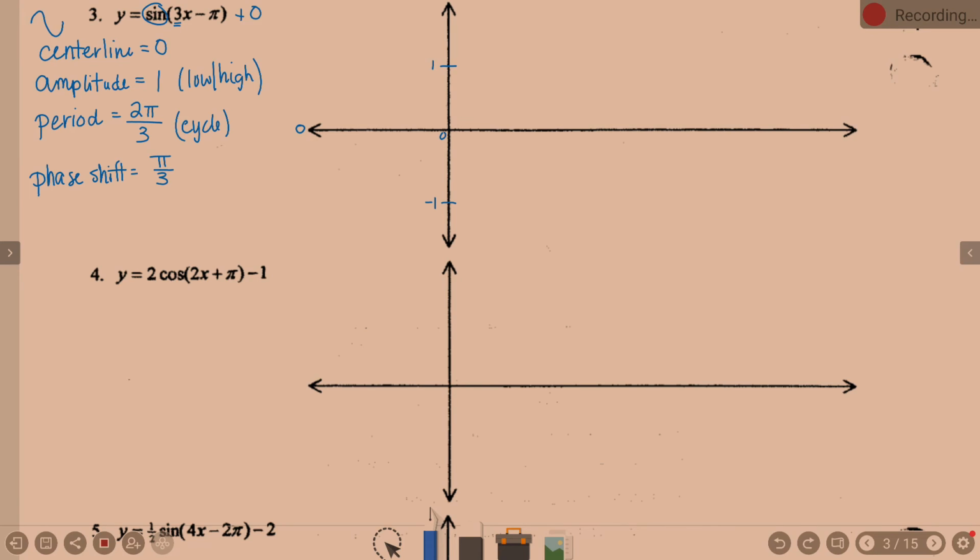And that is a positive pi over 3 because your phase shift is going to be opposite the sign in the parentheses. Remember how horizontals are opposite the sign? That's what we're doing. So if you see a minus pi, it is positive pi over 3. If this had been a plus sign, we'd have a negative sign. So this positive pi over 3 is going to take my graph to the right pi over 3.